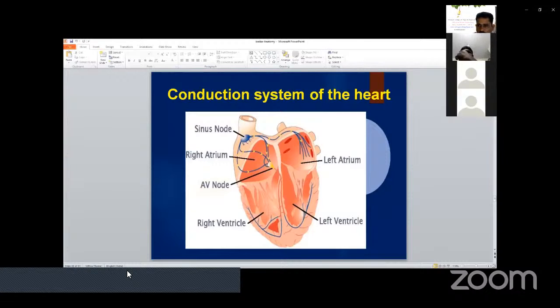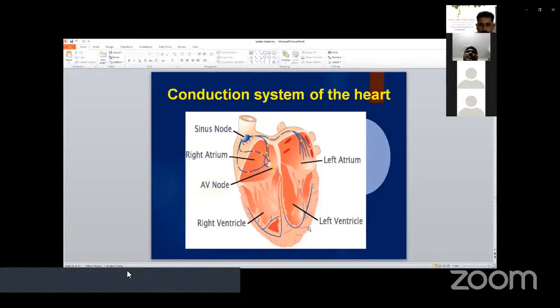Here you can see sinus node, right atrium, AV node, right ventricle, left atrium. The sinus node is important for getting the nervous impulse for our heart function.